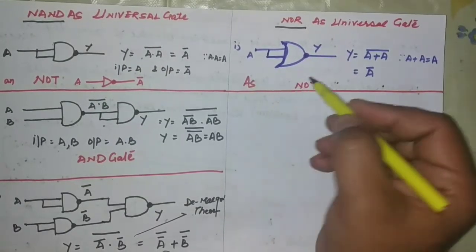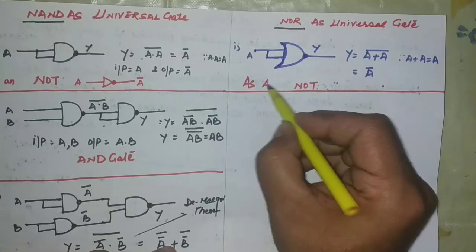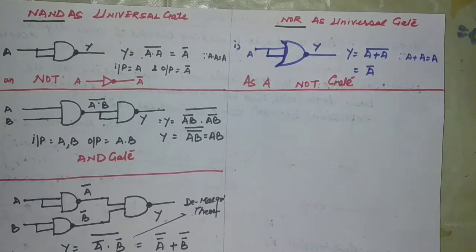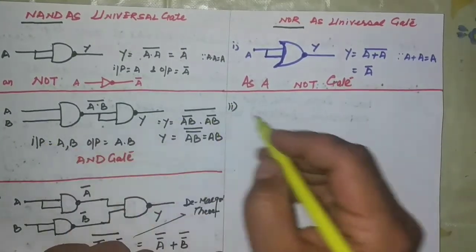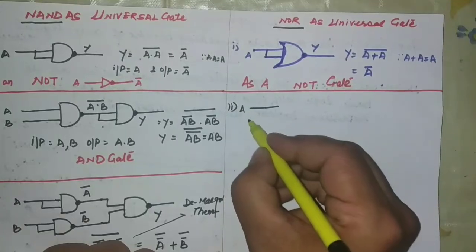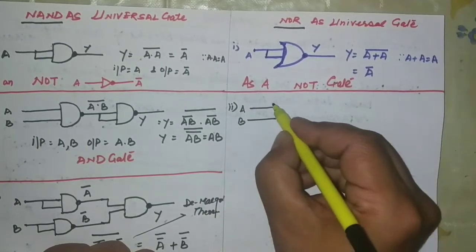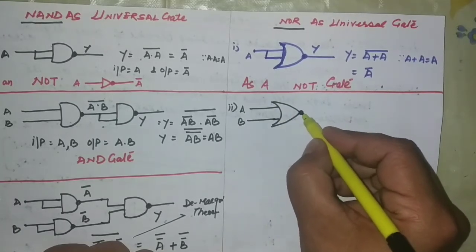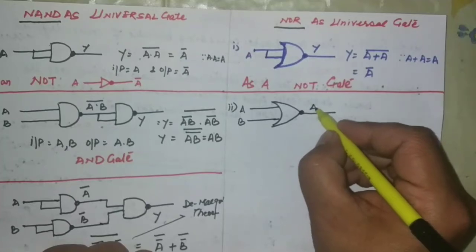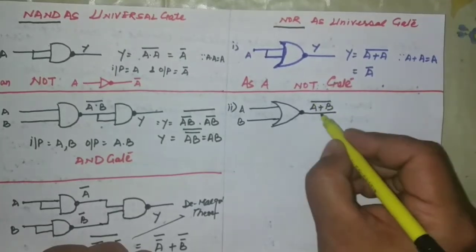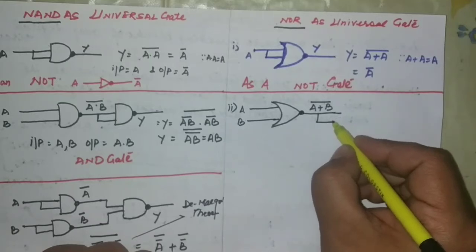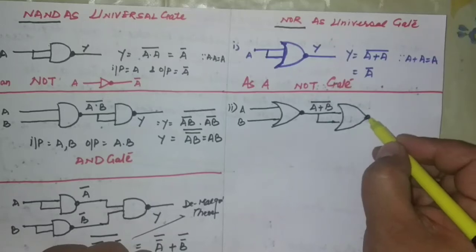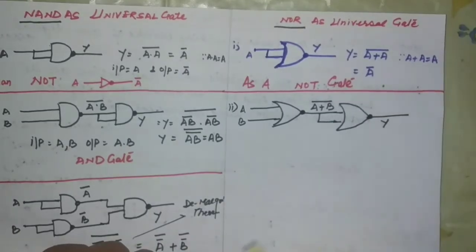So as a NOT gate. Now consider the next scenario. Second, same arrangement we will take. A, now B, OR gate, now NOR. Input, what will we get? A plus B complement. Dividing this into two and joining again with the NOR gate, and say for example this is Y output.